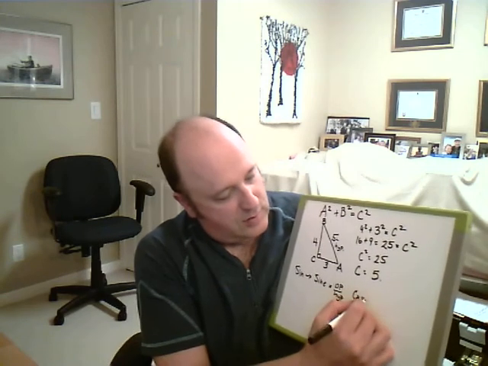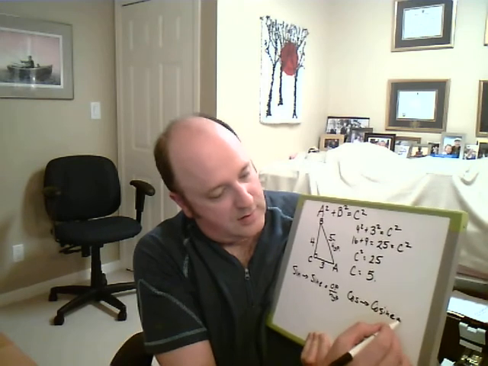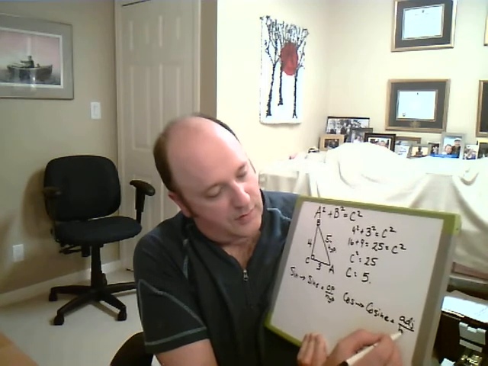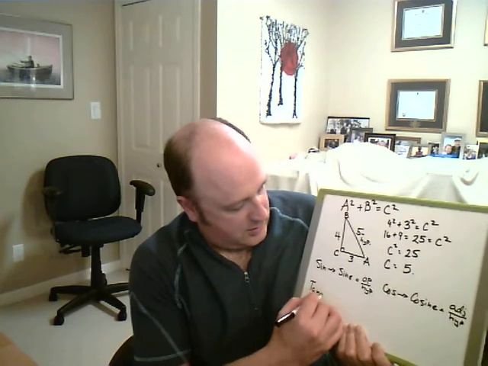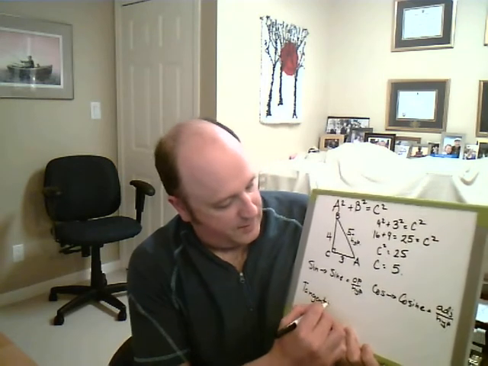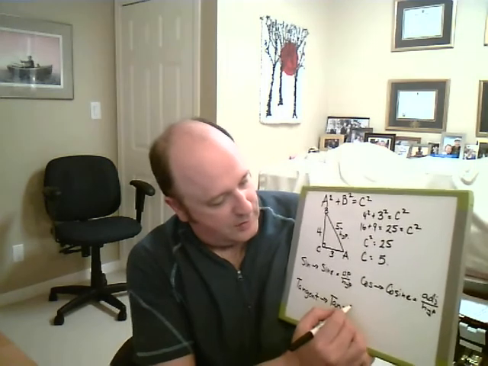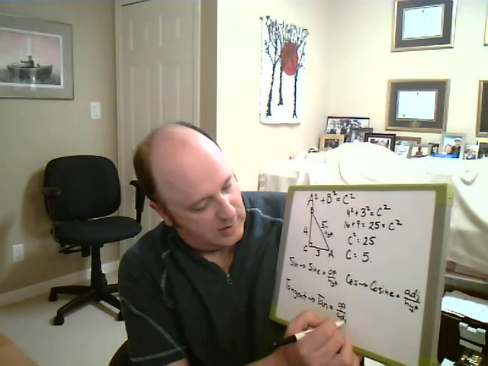Cosine, or cos, is the adjacent. What the heck does that mean? I'll sort that out in a moment. Divided by the hypotenuse. And the tangent, that's what tan stands for, is equal to the opposite side over the adjacent side.